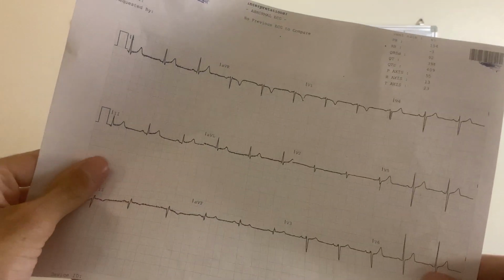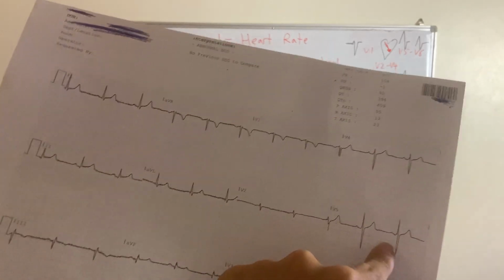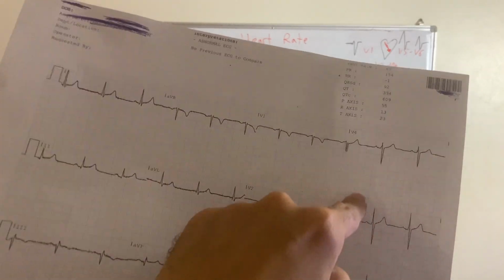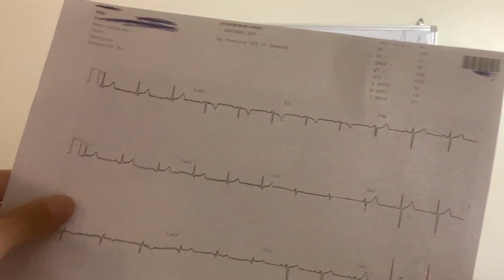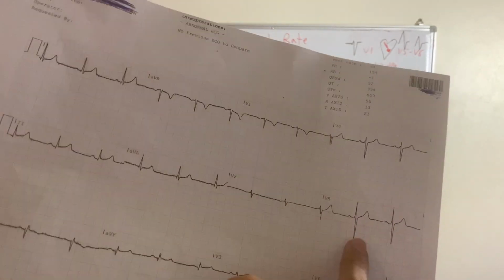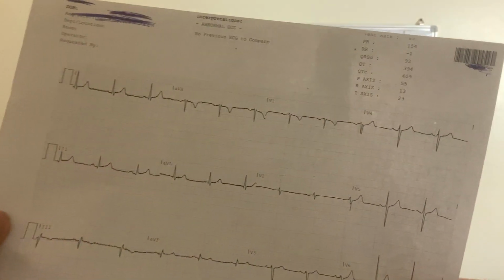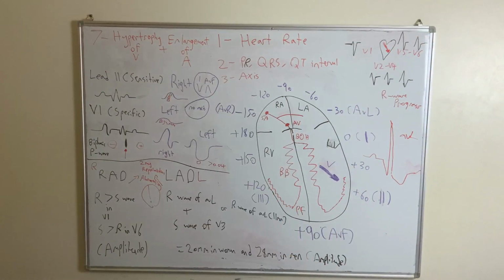So this is what we're looking at. And of course, as you remember, the first upward deflection after a P wave will always be considered an R wave. So this is clearly an R wave. And the negative deflection after this R wave will always be an S wave. Never a Q wave. So this is what it looks like. And now we finish with our video.